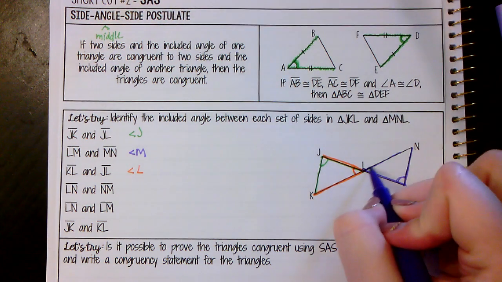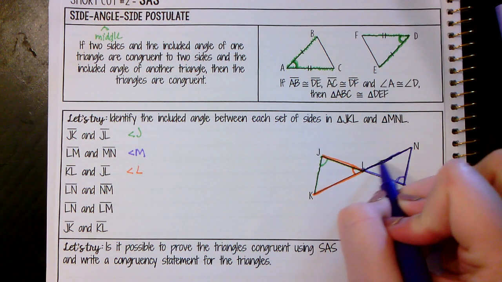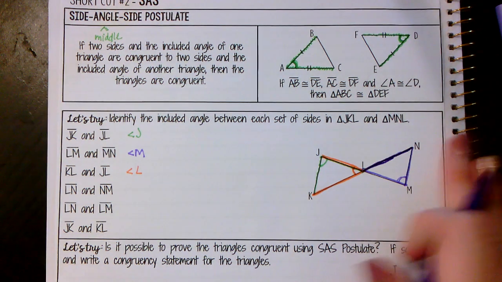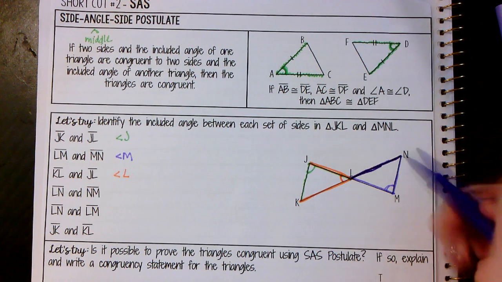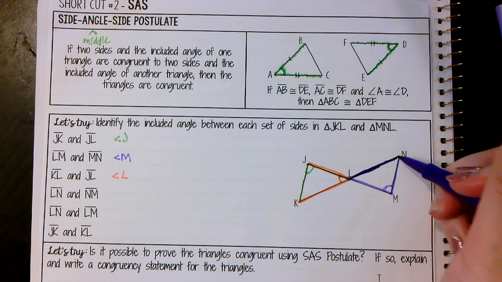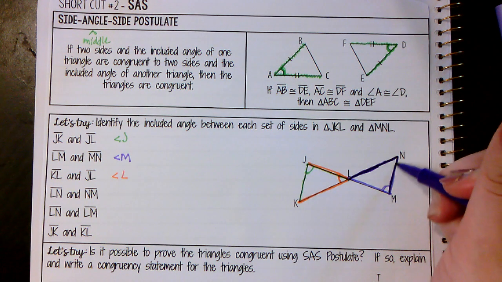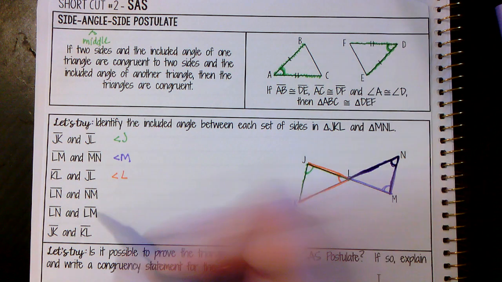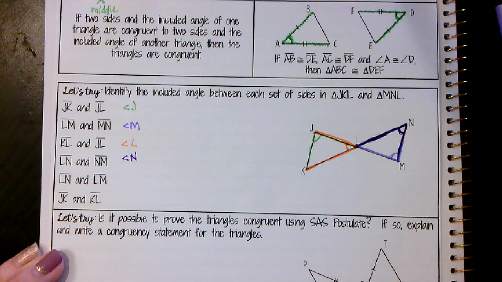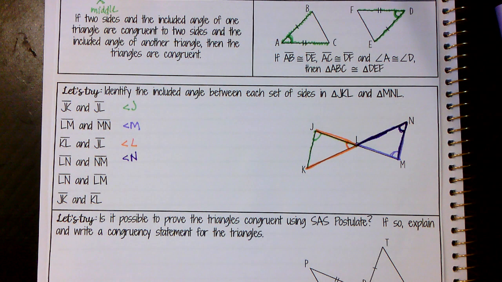LN, really struggling with these spirals over here. LN and NM come together at angle N. Hope this is making sense of how the sides and the angles have got to be set up.